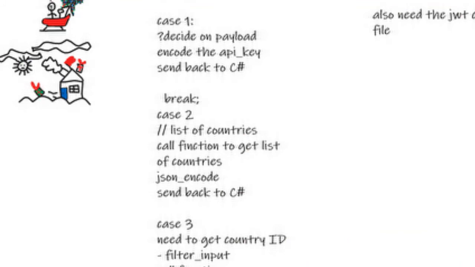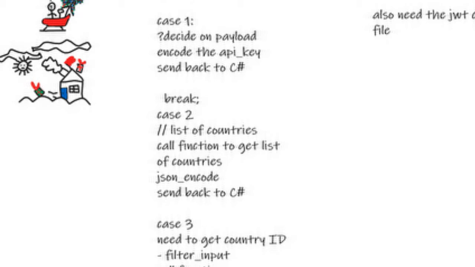Right. So then in case 2, I'll just say this is a list of countries. What we're going to do here now is, again, previously we've broken down the API keys, so we know it's good. We know what the service is. This needs to get a list of countries. So what we'll probably do here is just echo. Well, no, we won't.